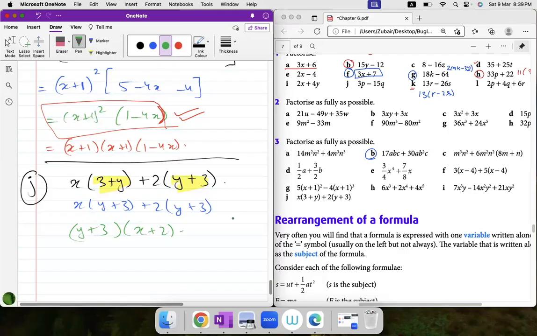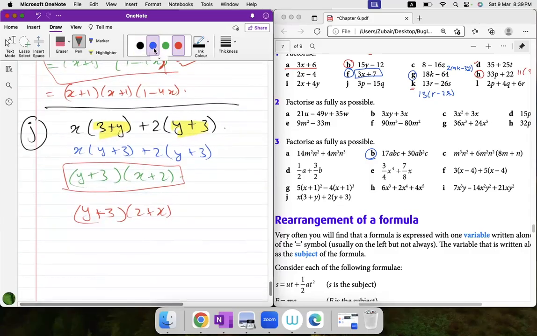Are you getting this? x plus 2? Yeah. (y plus 3) into (x plus 2). Order can be different. Answer would be the same. For example, we can write (y plus 3) into (2 plus x). Order can change because all are with positive sign.